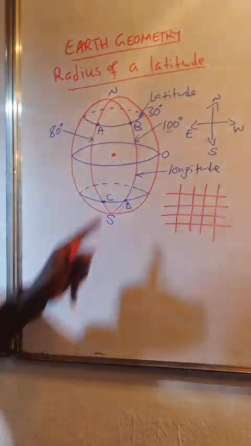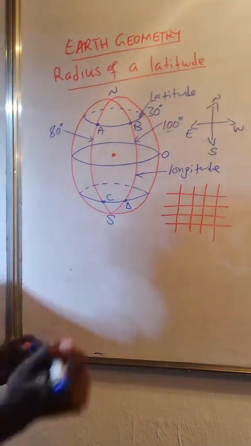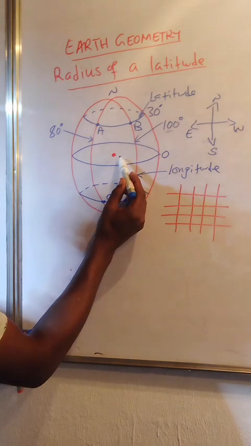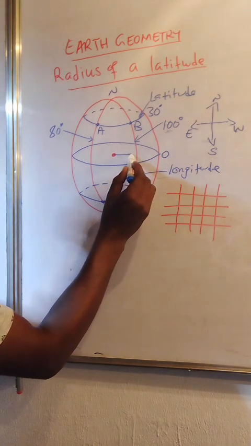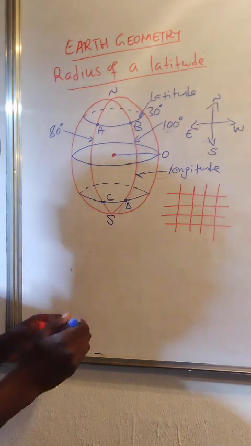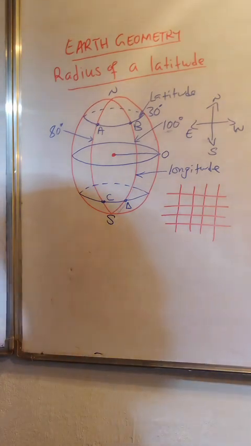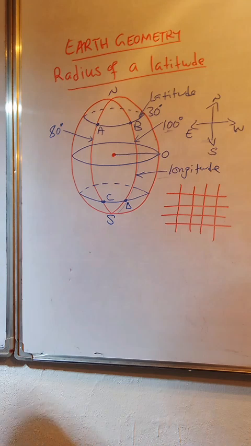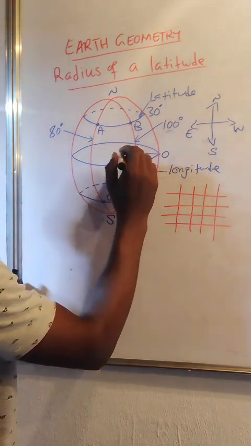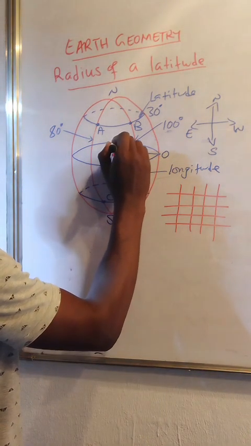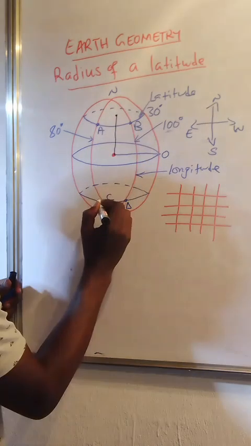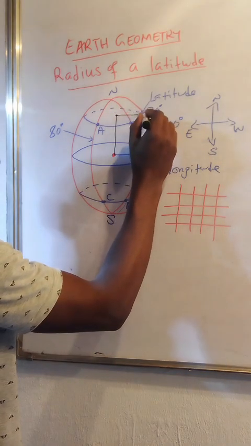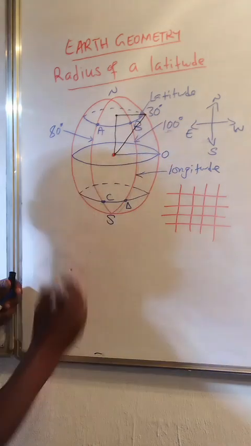Now, when you look at this point, I can extend this line, for example, from this point, to this point, somewhere there, and this point to that, and then bring it back like that.